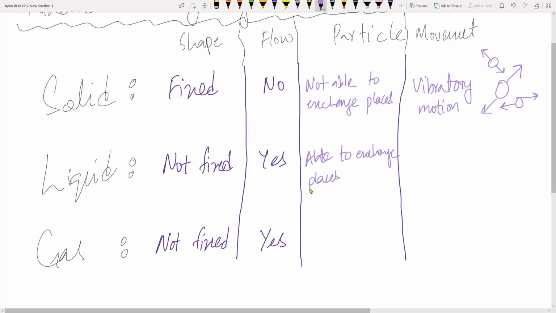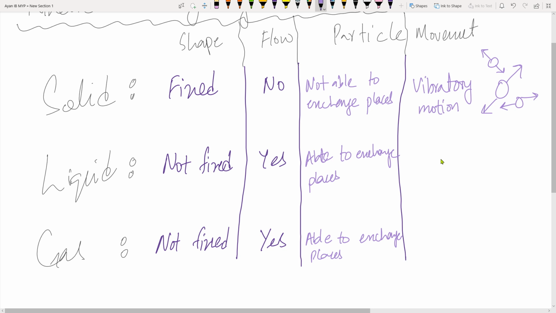Okay. And on top of that, if the gases are flowing, I think that is going to be the same way, isn't that so? Because they're also able to flow. So we can relate this to gases as well. So the particles can exchange places. Okay.